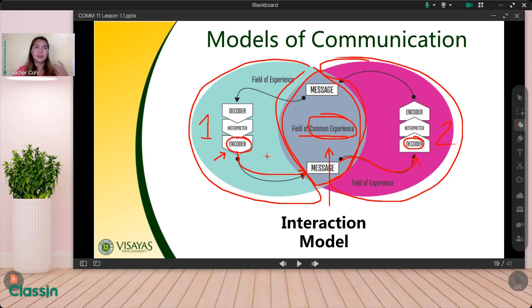So we try to use words that we can use to dress up our ideas, so it will now be understood by our receiver or another person. It's actually just happening very fast, so it's usually unconsciously done. So we try to think of words that we can use to deliver our message.